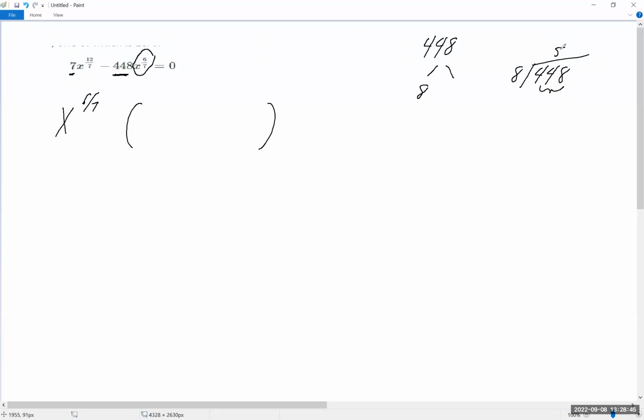So how many times does, I believe it's divisible by 8. 8 times 5 is 40. So 6. So 7 times 6, no. 9 times 7. 8 times 7 is 56.